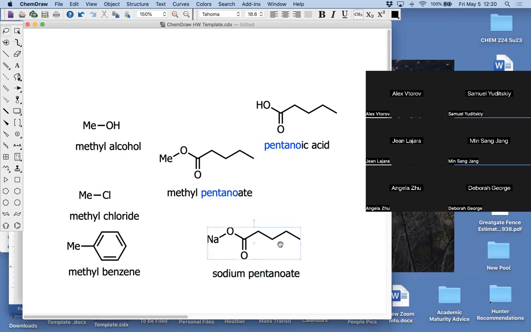So this is sodium pentanoate, which is a salt. This is methyl pentanoate. It's not a salt, but it carries that form for historical reasons.